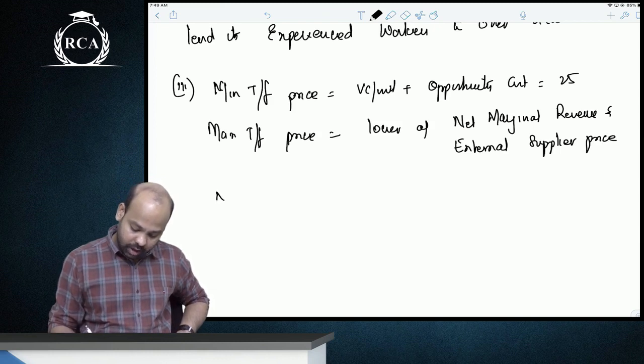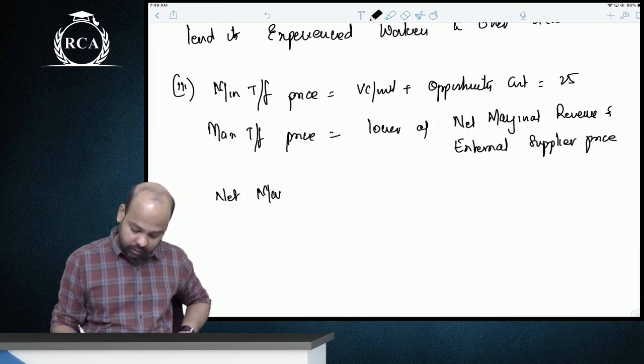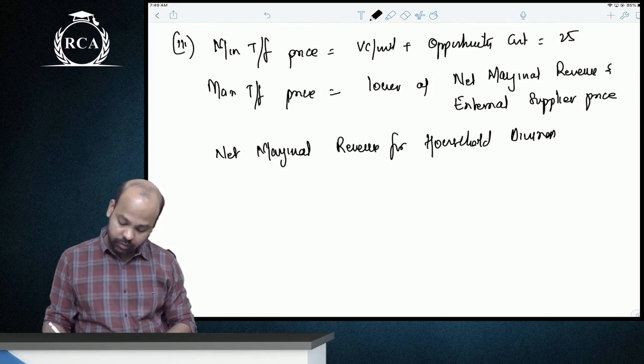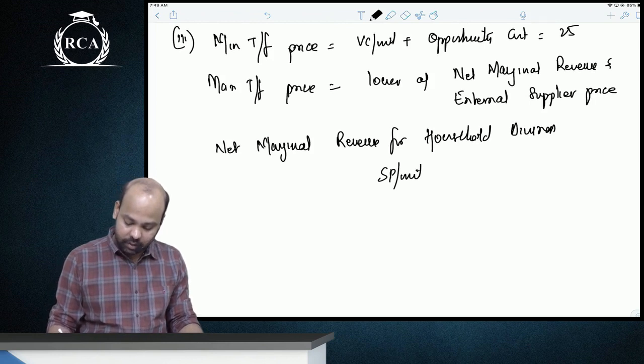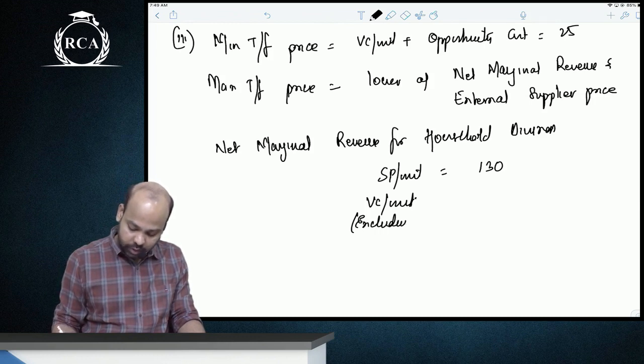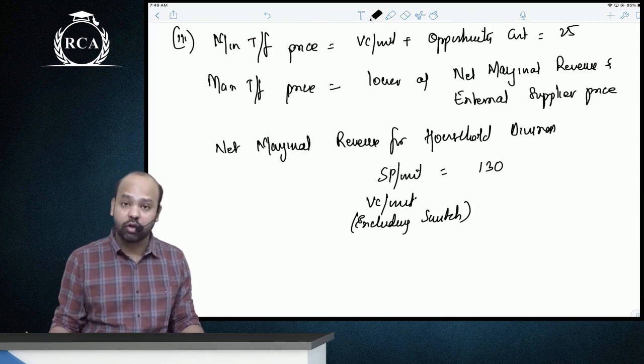The net marginal revenue for household division would be the selling price, which is 130, less the variable cost per unit, excluding switches. Incremental cost lena hai, guys, excluding this component.